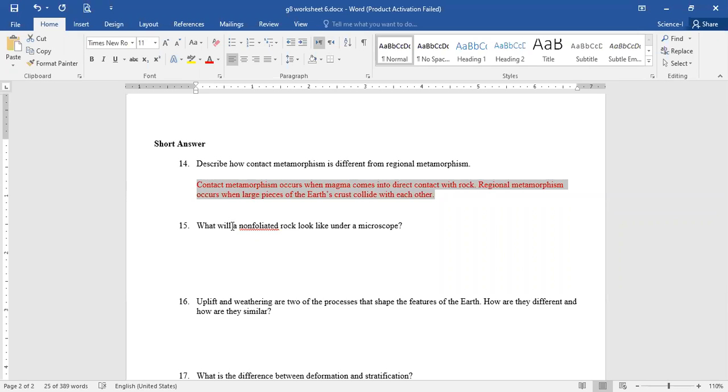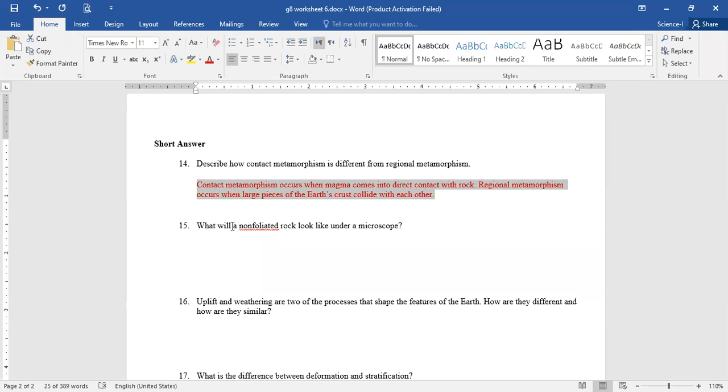Sometimes people say that contact metamorphism happens by magma and only affects the rocks nearby, while regional metamorphism happens over large kilometers under the Earth's crust. You can say that contact metamorphism happens because of high heat and pressure, while regional metamorphism happens because of high pressure but not that much temperature. So you can say it in different ways, but with the same meaning. All of them are true.